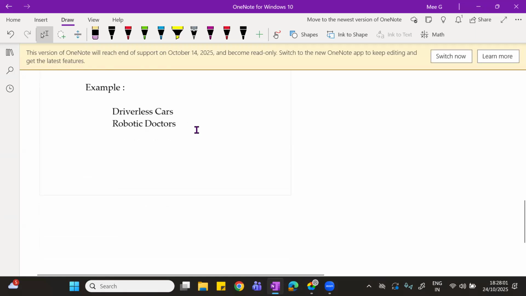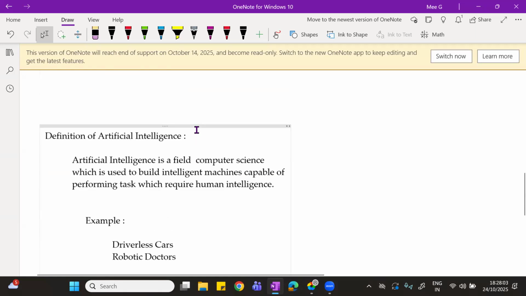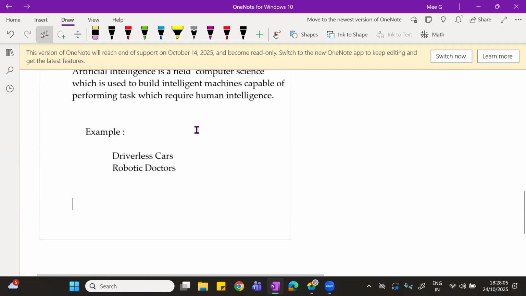Now, when it came into existence, and why I was so confidently saying that AI is not a bubble. It's not going to bust and everything will be gone.